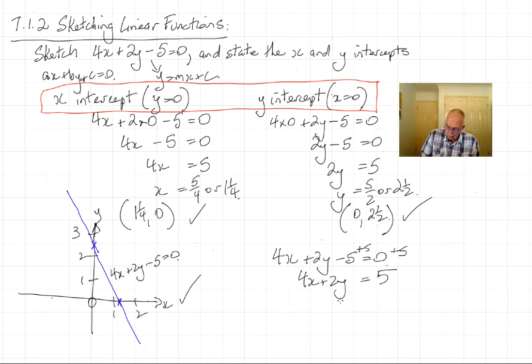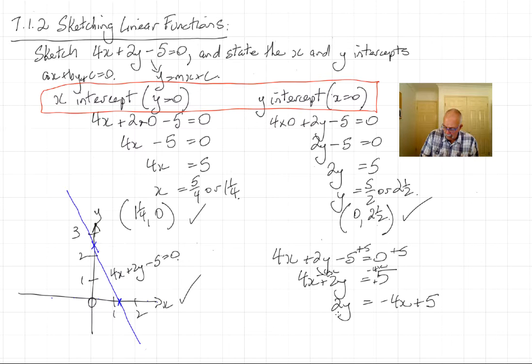And then we'll take the 4x to the other side. So we'll take 4x, and we'll put it at the front. Plus 4x minus 4x is 0. So we get 2y equals negative 4x. Now that's a plus 5 there. When 0 plus 5 is plus 5. Plus 5.